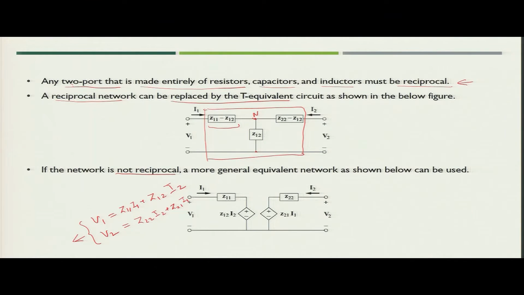That means that any two port network can be equivalently represented with the help of the circuit shown in the slide. Here it need not be reciprocal, because this is a generic equivalent network having Z parameters, while the figure which we saw above, the T equivalent circuit, is only applicable when your network is reciprocal.